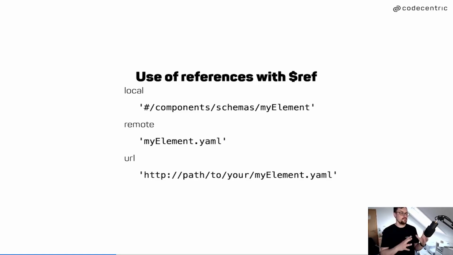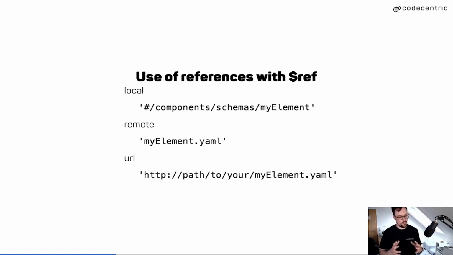But I could even say that I have a remote reference that is lying in the same structure where the OpenAPI definition is placed. So I can just give a remote path and say, okay, you find that there, and you can use it in this way.